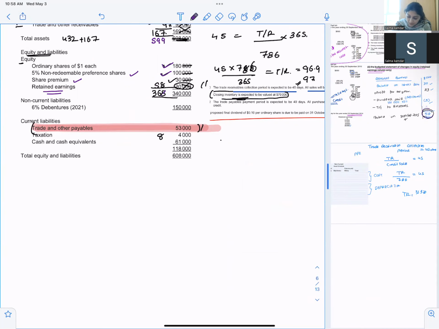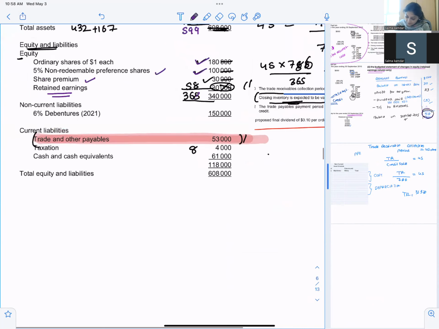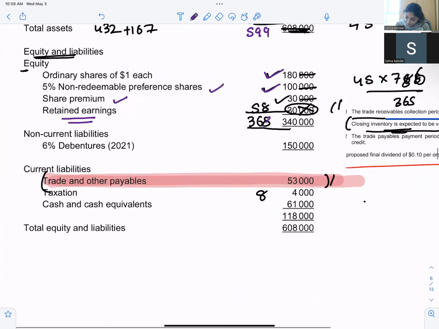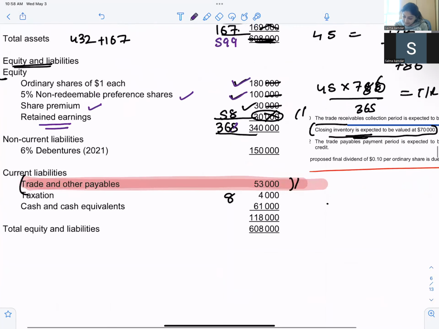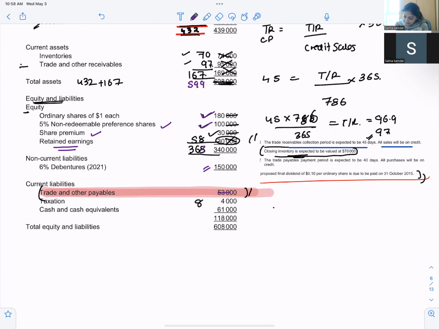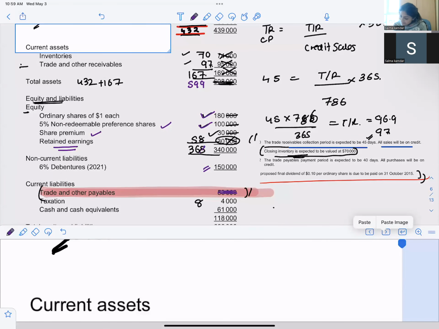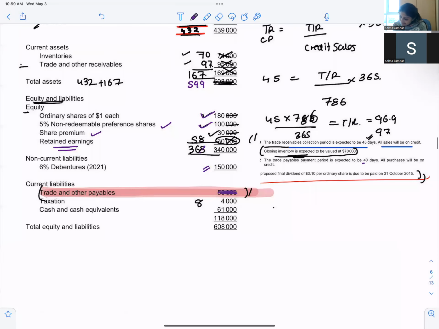Non-current liabilities will remain unchanged, 150. Now current liabilities, trade and other payables, you will have to find. Trade payables payment period is 40 days and all purchases will be on credit. This we will see later.